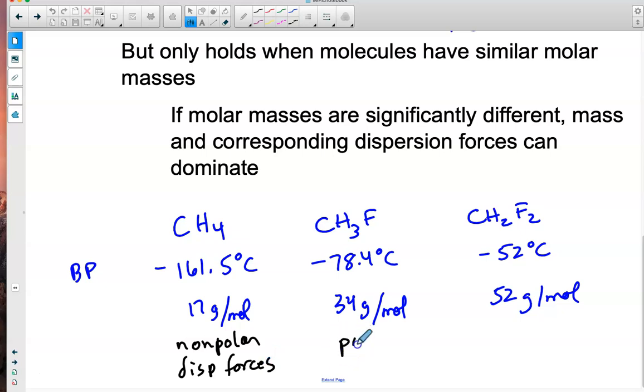So it is polar, and so there is a permanent dipole, and it's got a slightly higher boiling point because of the presence of dipole forces. And as we get bigger molar mass, both the dispersion forces and the dipole forces take a part in why the boiling point is even higher.